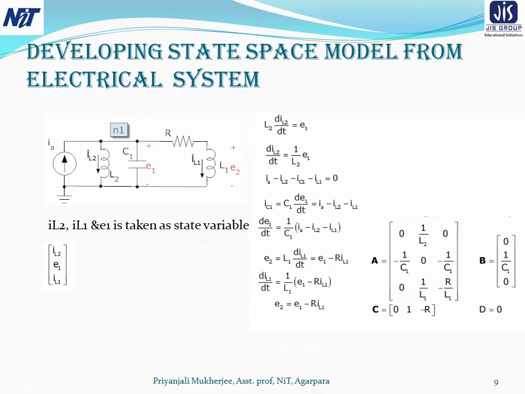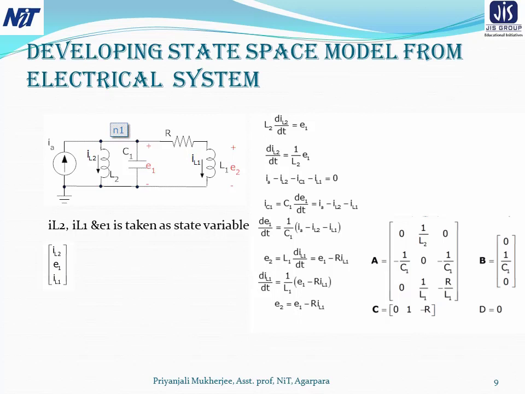Next we can use KCL in each node. First we will consider the inductor L2. The drop across this inductor is the same as that of the capacitor, that is E1. So you can write the equation L2 dIL2/dt is equal to E1, and from this we can write dIL2/dt is equal to E1 divided by L2.